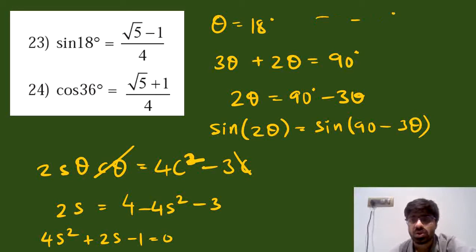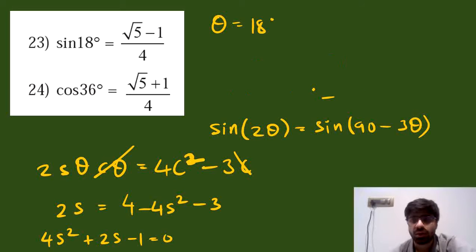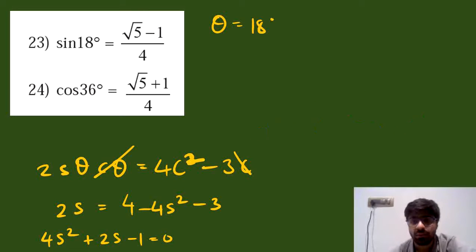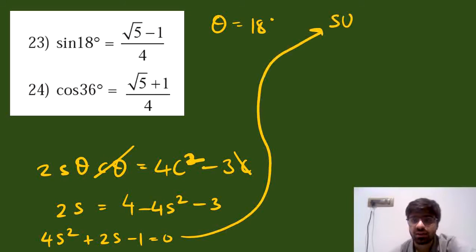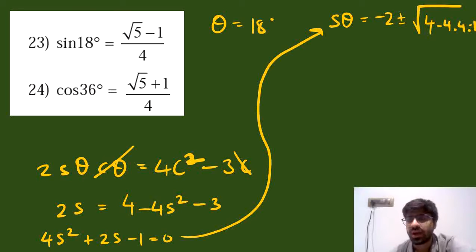So the quadratic that we just got, if we apply the quadratic formula to get the value of sine theta, we will have sine theta as minus b, that is minus 2, plus minus root over b square, that would be 4 minus 4ac. So that would be minus 4 into minus 1, and that would make it plus 16.